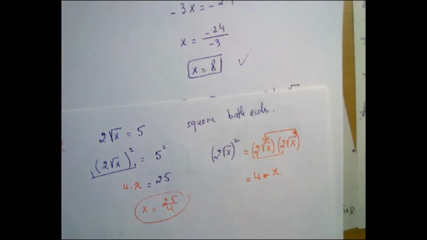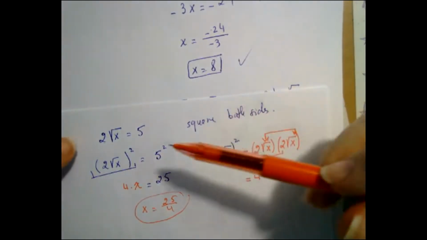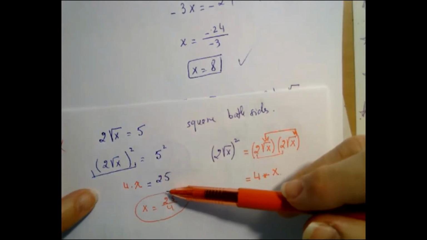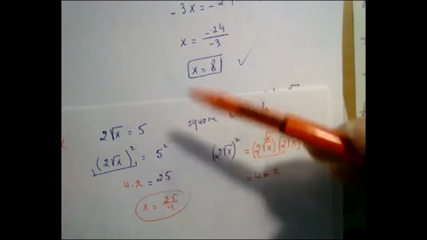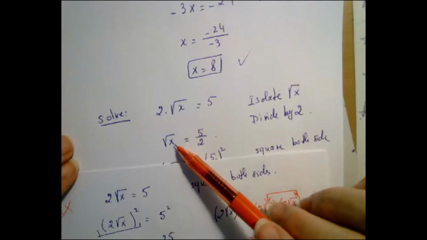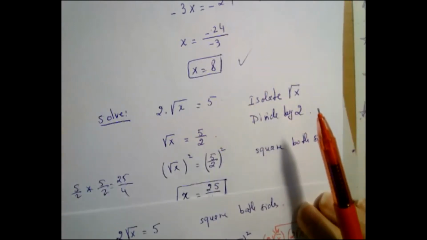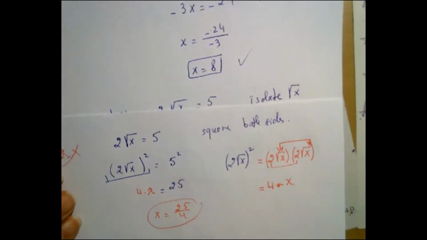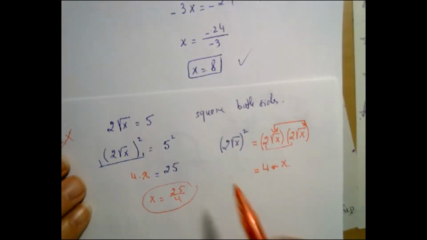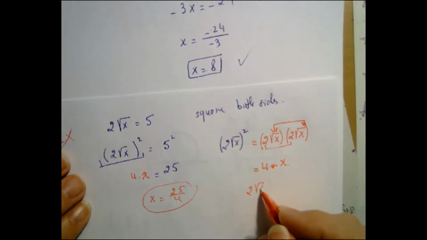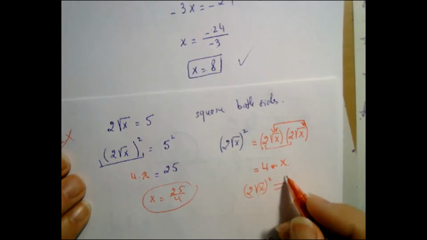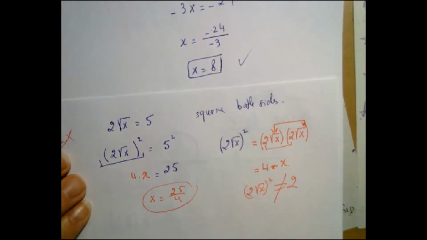So I repeat, you can do what your classmate said, but you have to be very careful with the algebra. Now, if I isolate my square root of x, the algebra becomes a little bit easier. I don't have to worry about that. So you can do it either way, but my issue was that if you square both sides, you cannot just pull the 2 out because the 2 is squared and the square root of x is squared.